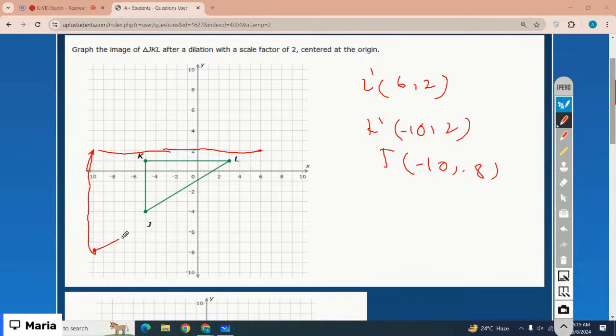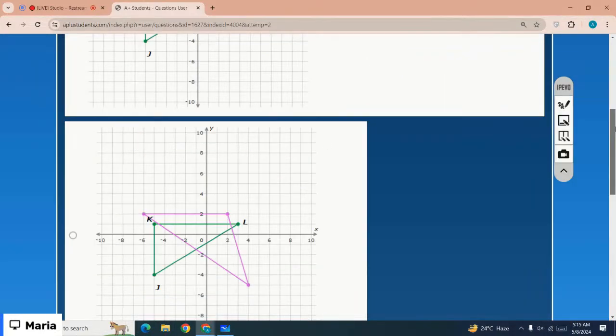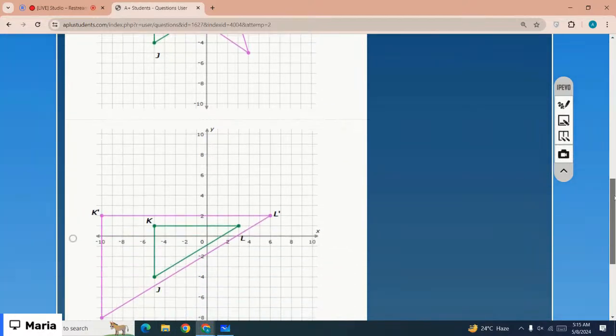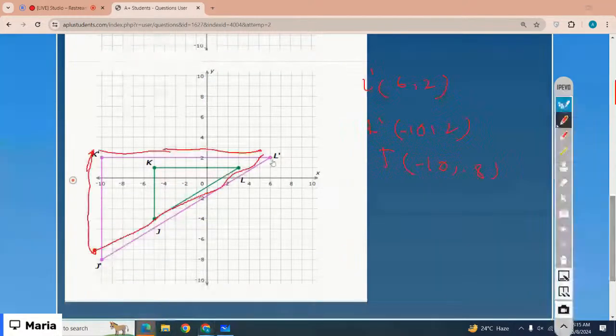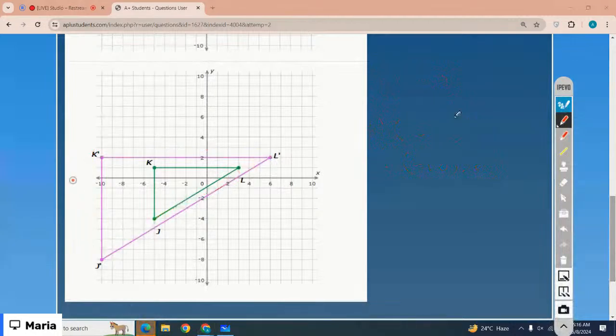This is the triangle after dilation, right? So the correct option is the second one, right? You can match the coordinates, right? Here is L dash, here is K dash, and here is J dash, right?